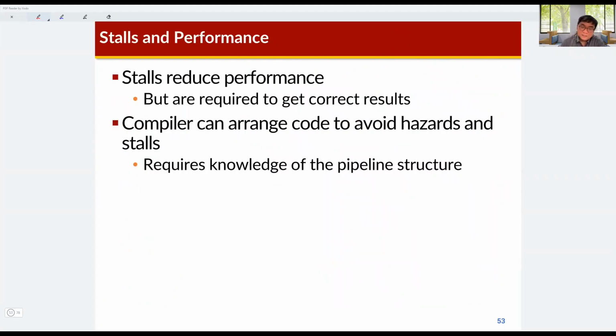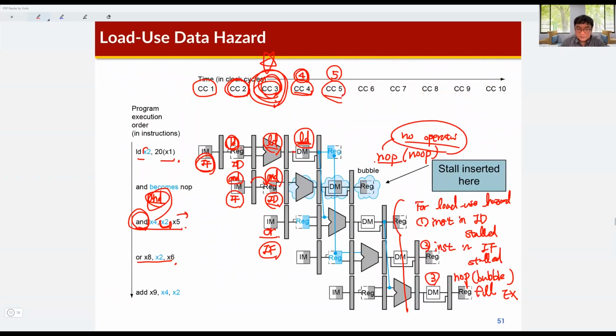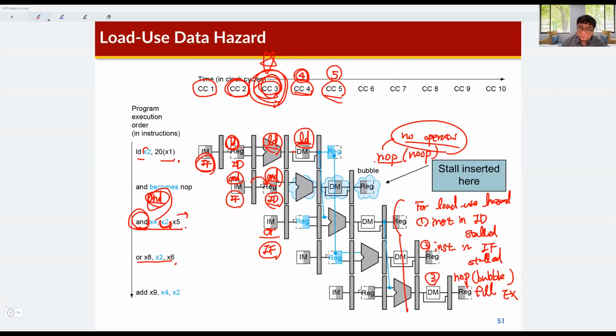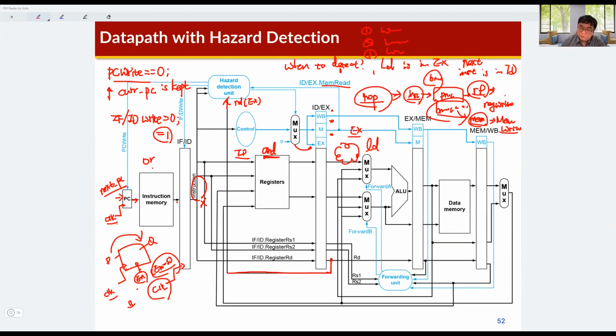This is the condition, and the pipeline timing is explained, and how the pipelines work for the load-use data hazard. So try to understand it if you do not understand how the load-use hazard works. It's also an important topic in this course.